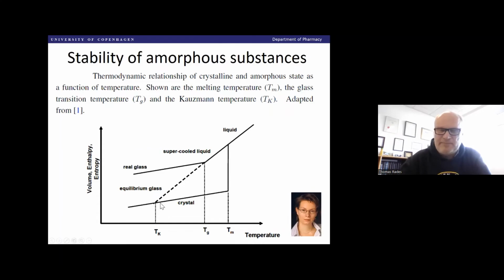This is not possible, known as the Kauzmann paradox, and therefore we know that somewhere between the Kauzmann temperature and the melting temperature, there has to be a glass transition. And what that means is that if this glass transition can be somewhat variable depending on the way we are approaching it, then we could end up at different types of amorphous materials for one and the same type of molecules.